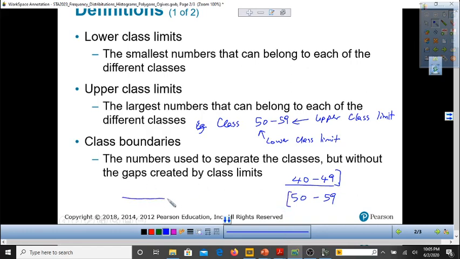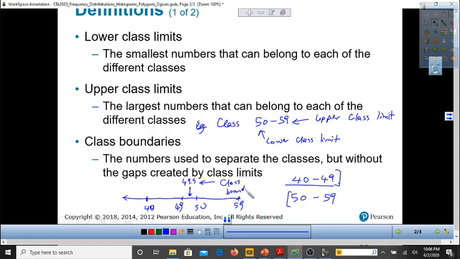If I imagine them on a spectrum, we could have one class going from 40 to 49 and the other class going from 50 to 59, and then halfway between them would be the 49.5 mark. That is called your class boundary.